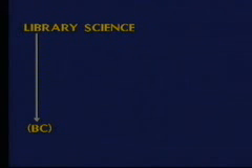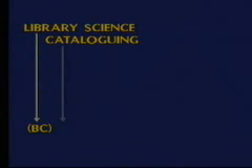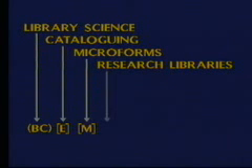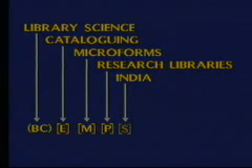The different isolate ideas of this title are cataloging, which belongs to the fundamental category energy; microforms, which belongs to the fundamental category matter; research libraries is the personality facet; India is the space facet; and finally 1989 is the time facet. This completes our work at the idea plane.